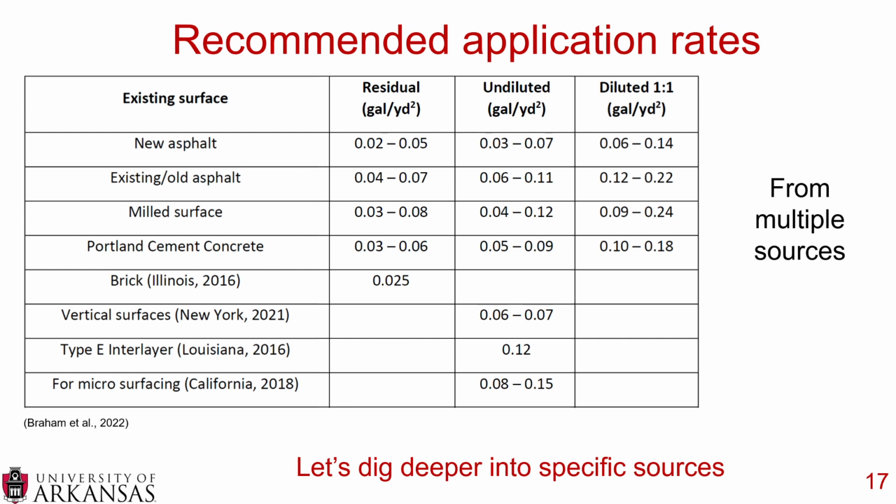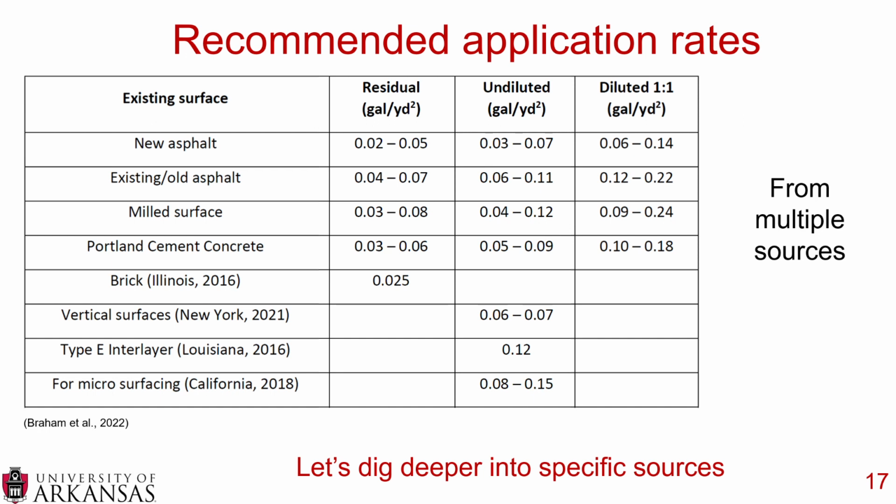And you can see here, new asphalt potentially could have 3 different application rates, whether you're calculating it based on residual asphalt emulsion, undiluted asphalt emulsion, or diluted asphalt emulsion. And you can see this dilution is just a 1-to-1. So if you had a 0.5 to 1, you would have even a different rate. So lots of things going on here, but basically the newer, the tighter the surface, the lower the application rate.